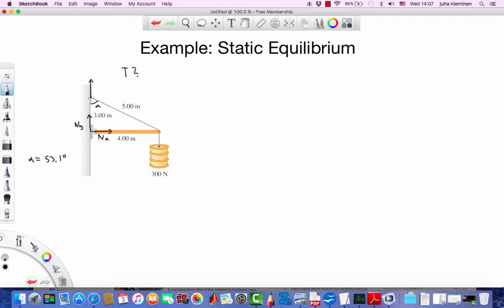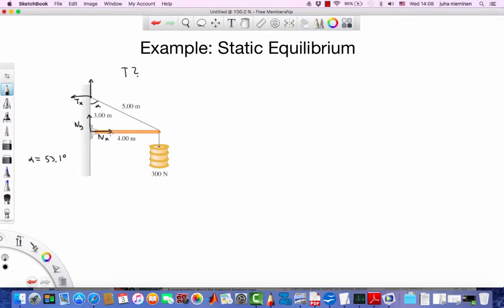It doesn't matter if we guess it wrong, it just shows up in the sign of that component when analyzed later on. And let's put the horizontal component this way. It's a guess based on the fact that nx is that way, so tx is probably going to be that way.